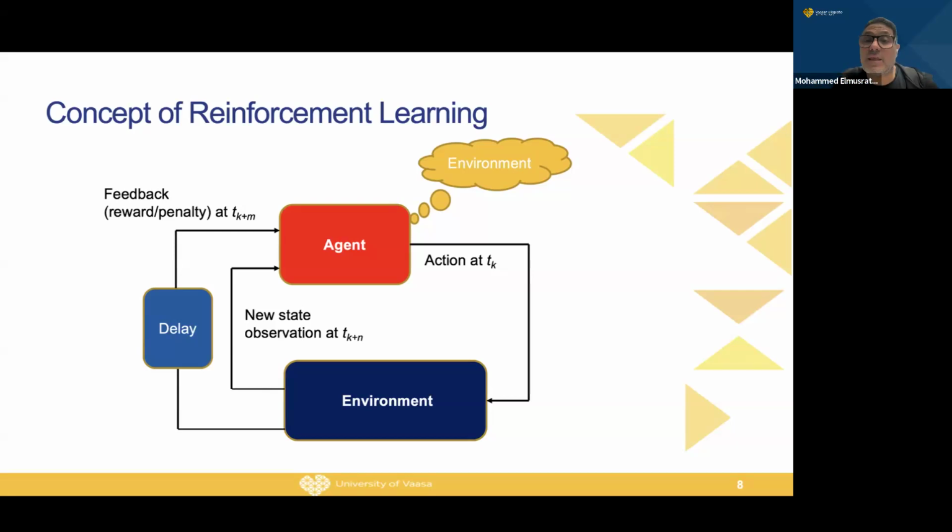And we can use the Markovian process in the case that the environment is observable. So you can use the Markovian process to model the environment, like the states of the game.